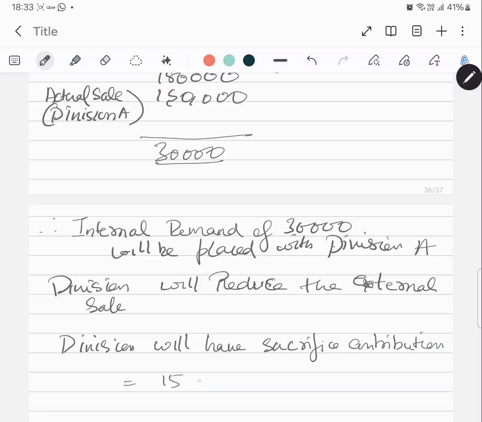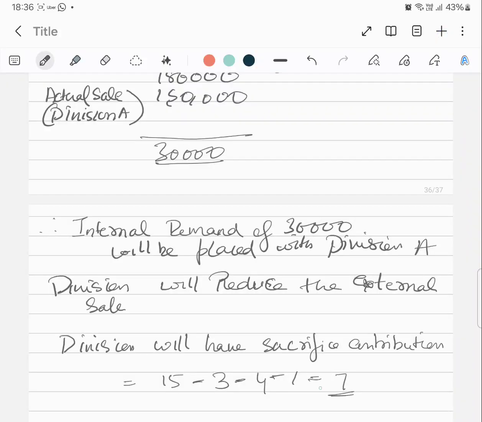The selling price of external sales was 15, and this will be now 15 minus whatever the variable cost was, 15 minus 3 minus 4 and minus 1. So the contribution which will be forgone will be 15 minus 3 minus 4 minus 1, that is 7. This will be the contribution which will be sacrificed.